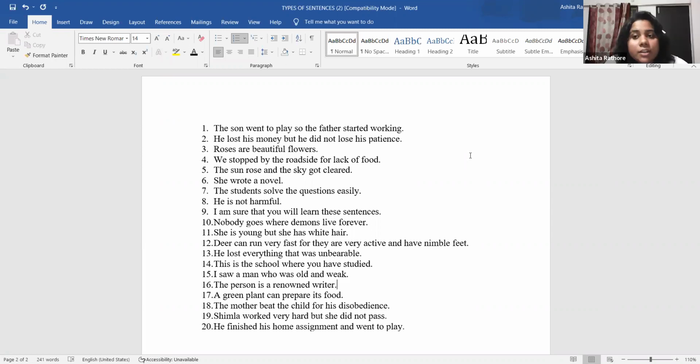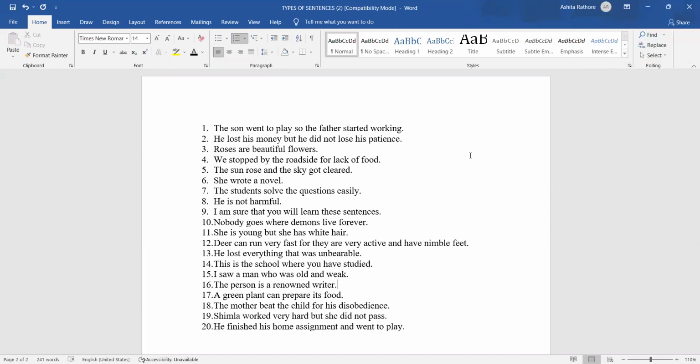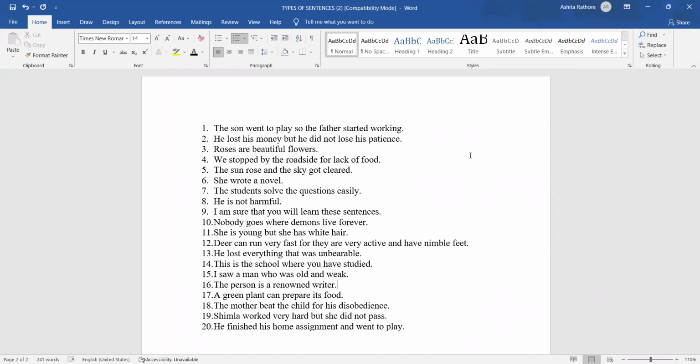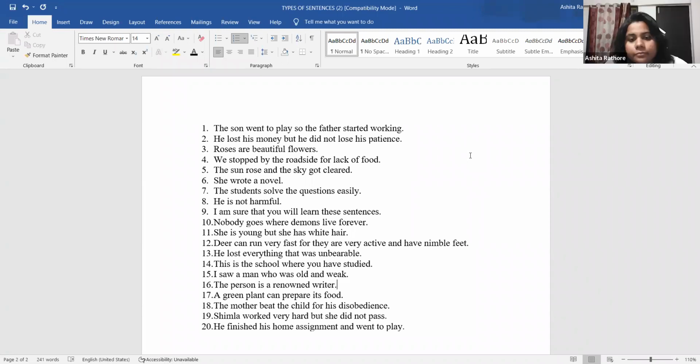क्लॉज का डेफिनेशन क्या होता है? Let's go back to phrases and clauses. Subject, verb, and object. Correct. अब for his disobedience, for क्या होता है? Preposition, conjunction, sorry, conjunction. His, pronoun.